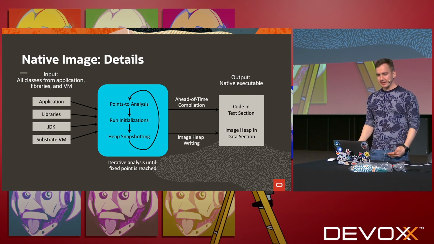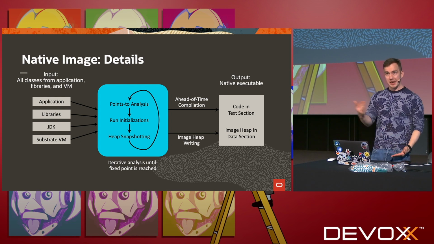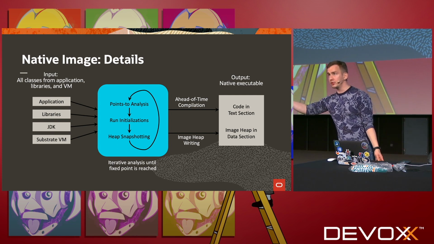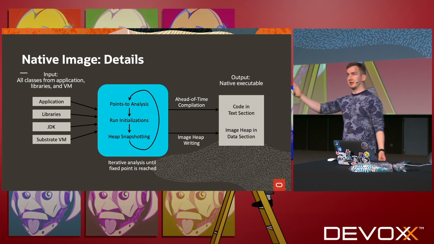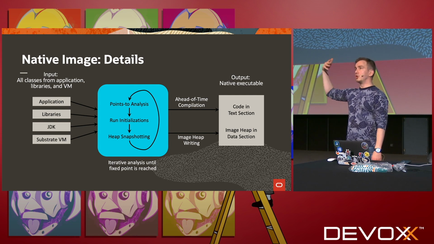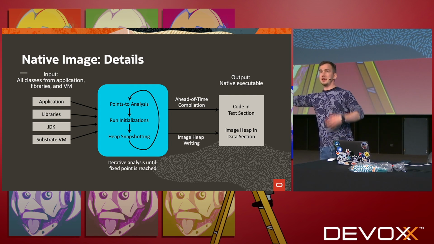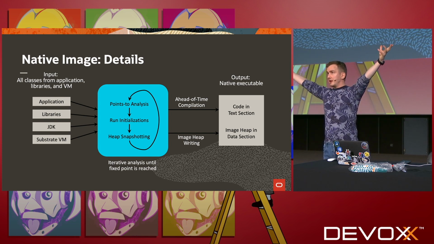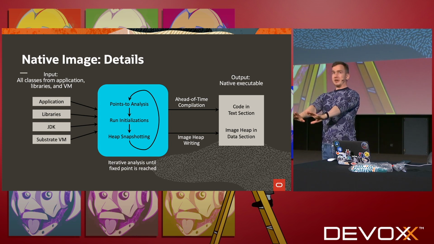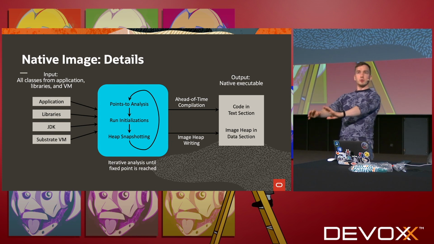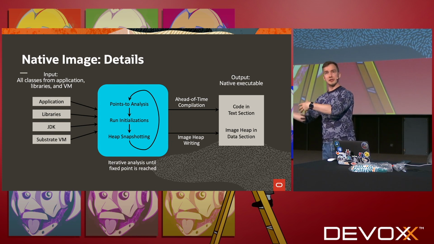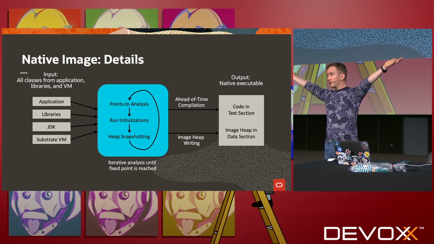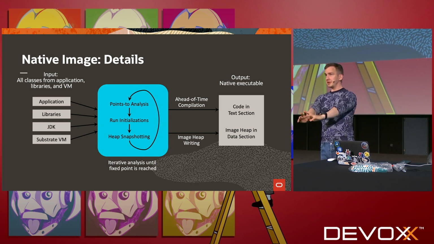So that's what you get. In a native executable, you get the code compiled ahead of time by the GraalVM compiler. It's the same compiler that we use in the JIT mode, but just used differently. If you will, when you have a JIT compiler, it takes bytecode, it takes the profile, and it outputs the machine code, right? So when you want to use a JIT compiler in an ahead of time compiler mode, you give it the bytecode, you give it null, and you output the machine code.